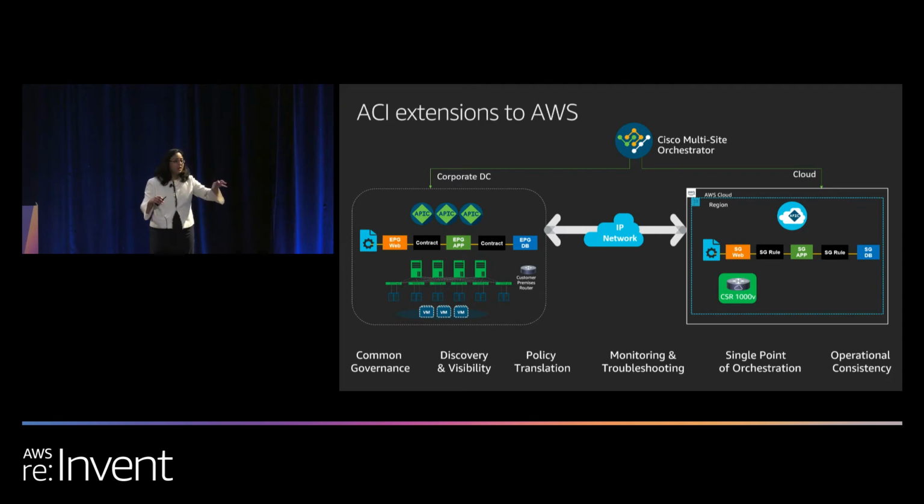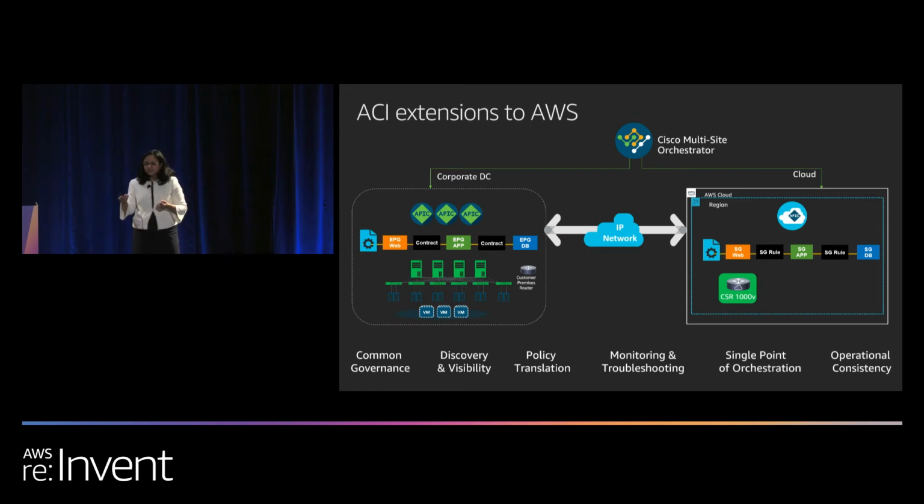If you want to do a cloud first or a cloud only model of deployment, the Cloud APIC, which is sitting in the cloud, can connect to the Multisite Orchestrator, which can sit either on-prem or on the cloud. So there's that connectivity, and once you enable that, you can run it in a cloud-only deployment model as well.